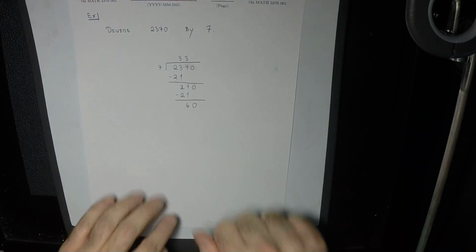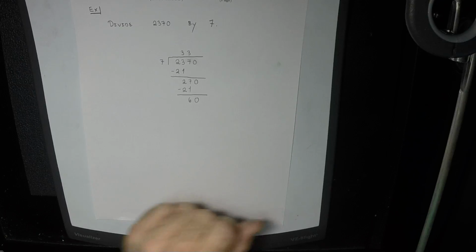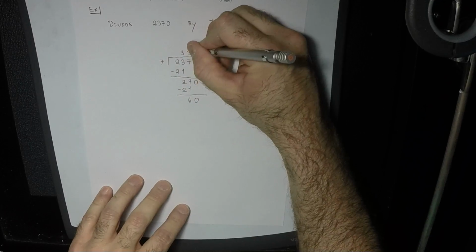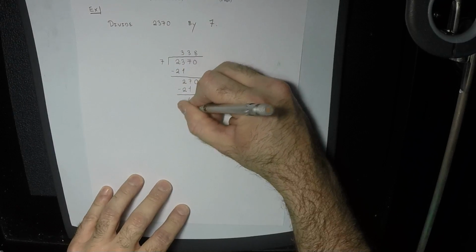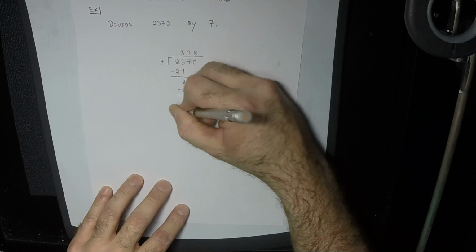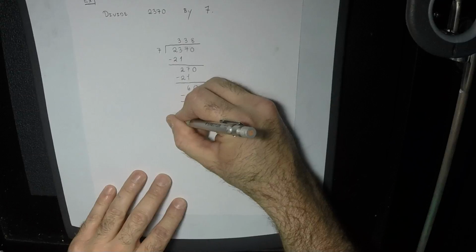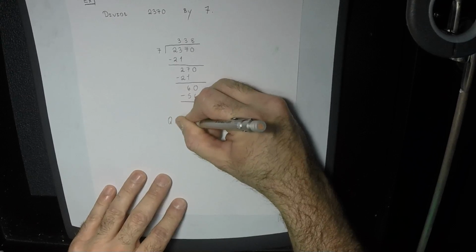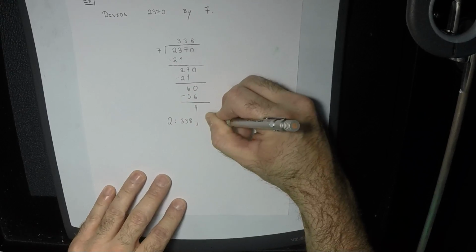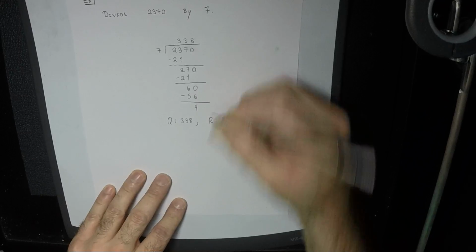Good. So then now, 7 wants to come in. How many times can 7 go into 60? 8 times. You write the 8 right there. It jumps off the house, blah, blah, 56. Subtract, 4. So the answer is that the quotient is 338, and the remainder is 4.